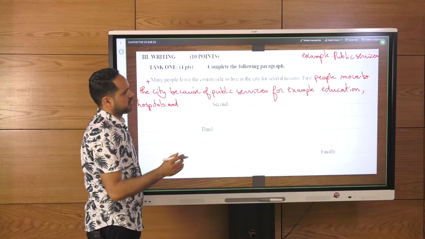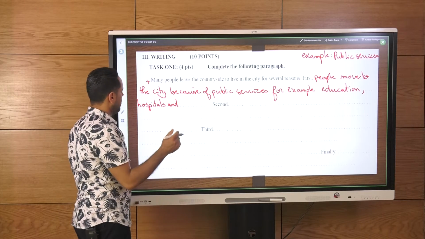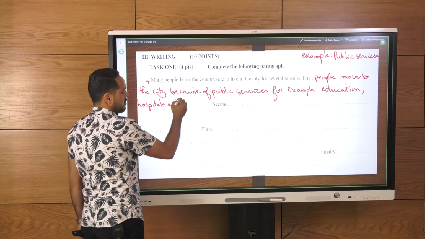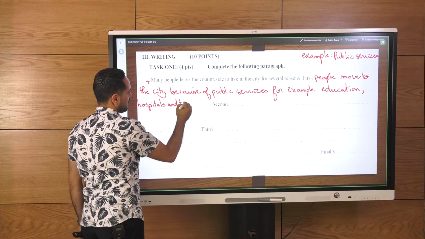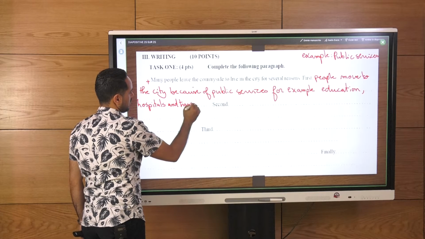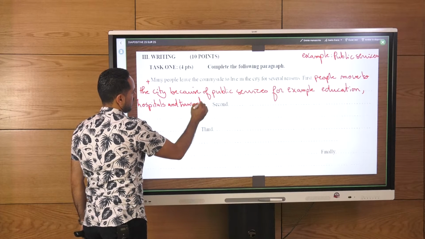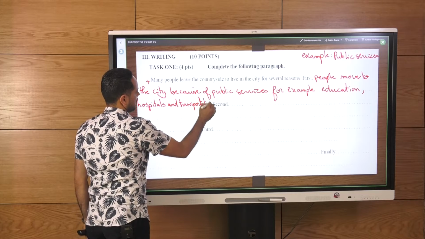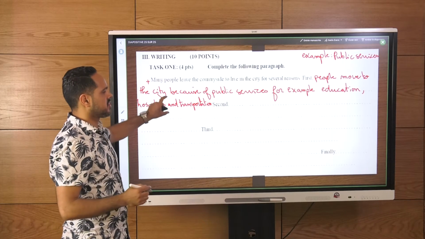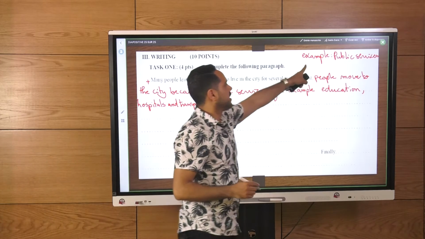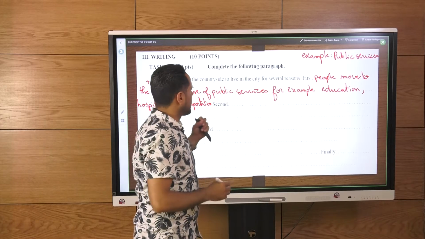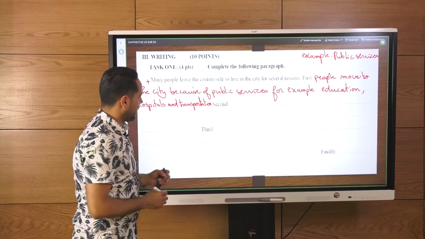And what could be another public service? So there is education, hospitals, and transportation, for example. So in this first step, we applied exemplification as a technique to support our opinion.